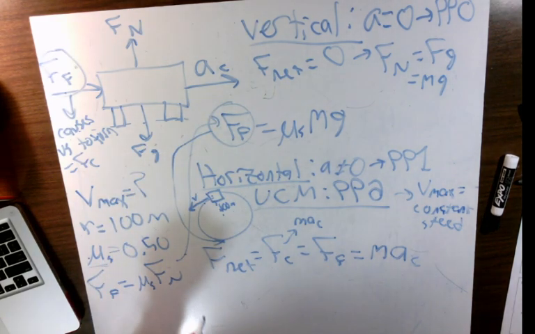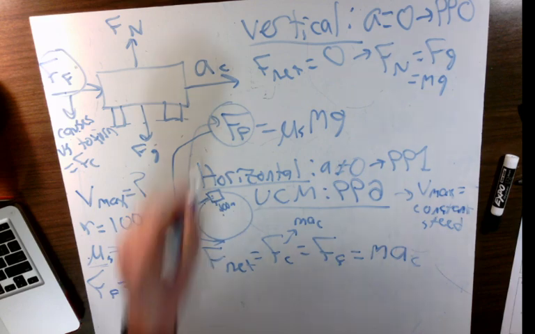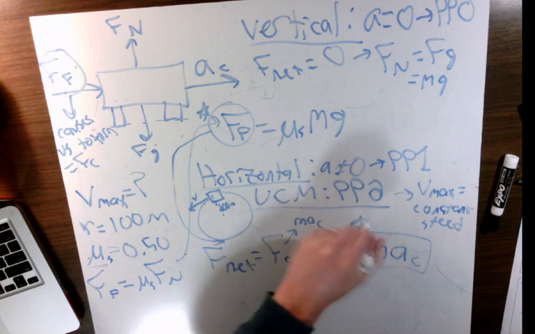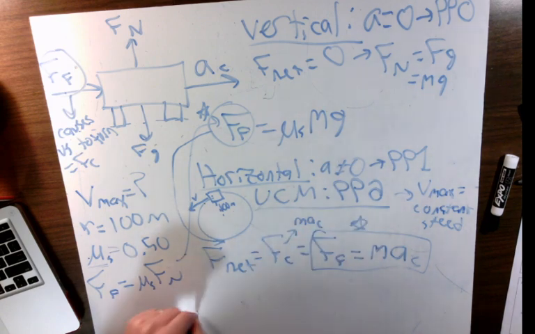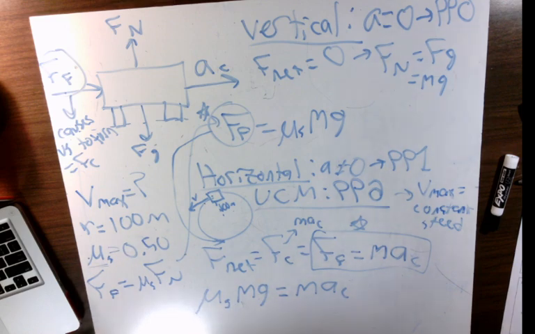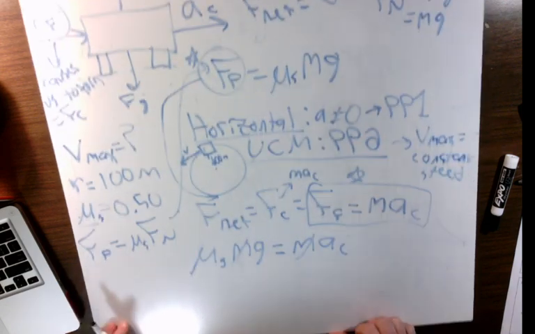So if we combine this guy and this guy, we end up with our static friction times mass times gravity is equal to mass times centripetal acceleration. Look, masses cancel. That's exactly what we needed to happen.